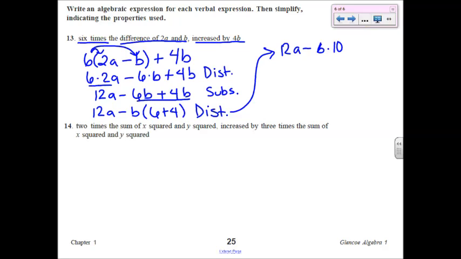And that's substitution, putting in what it equals. And then the last step is just to rearrange. So 12a minus 10b is the commutative property.